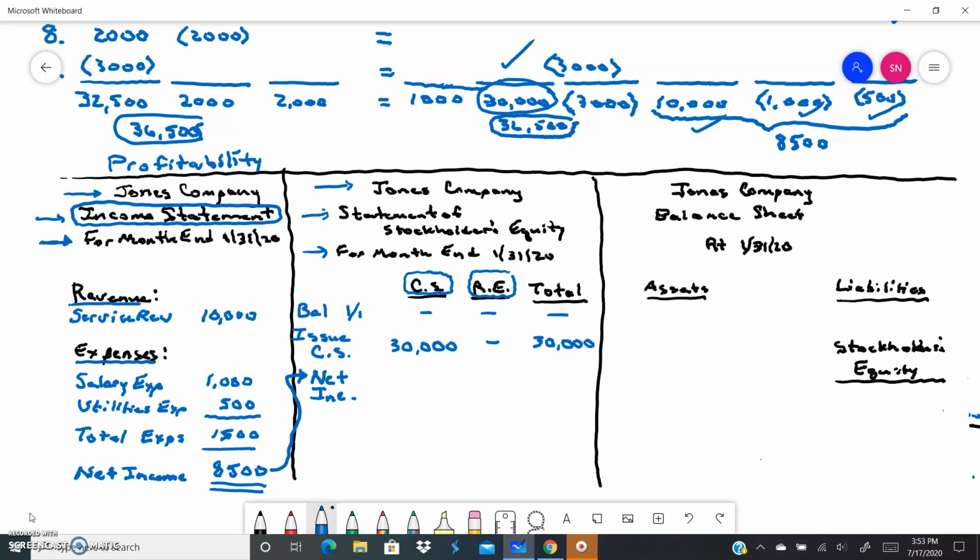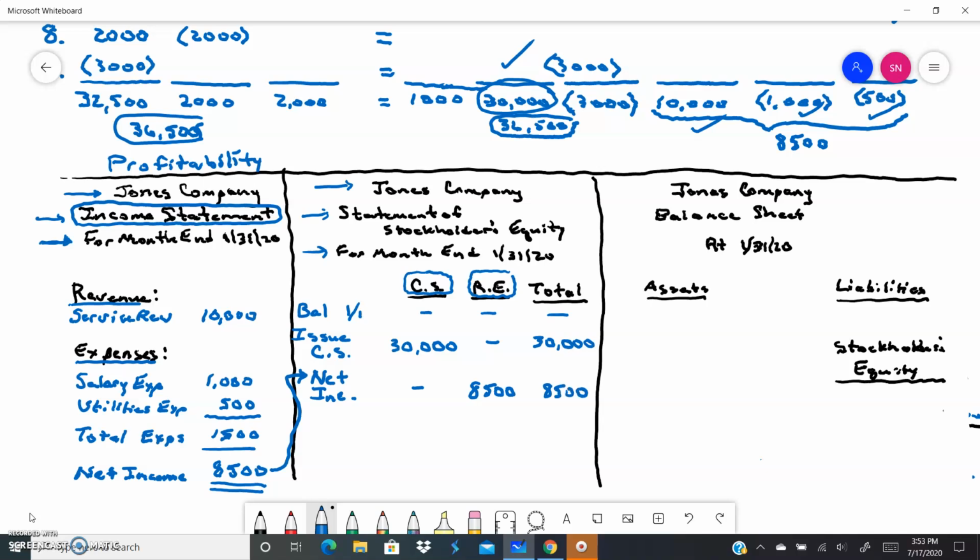There's no sense repeating all of our revenues and expenses a second time. Since we already have that on our income statement, we're just going to carry over the total of net income onto our statement of stockholders' equity. And of course, revenues and expenses would be part of retained earnings, which means that net income is part of retained earnings. So we're going to have the $8,500 included in our retained earnings, and of course also in our total.